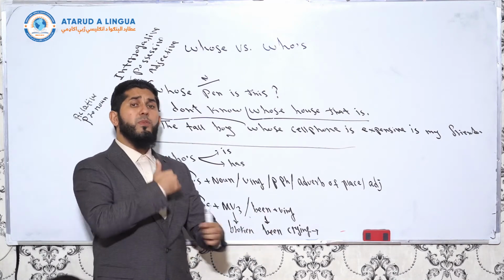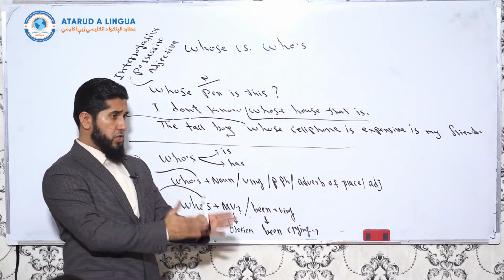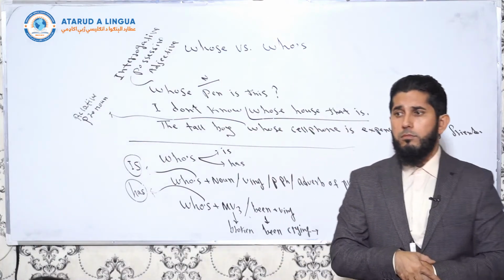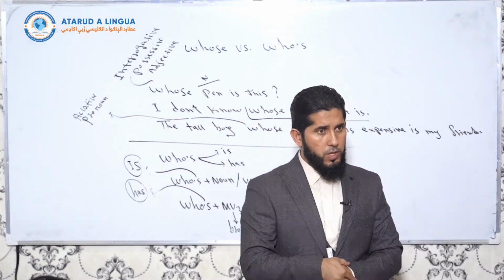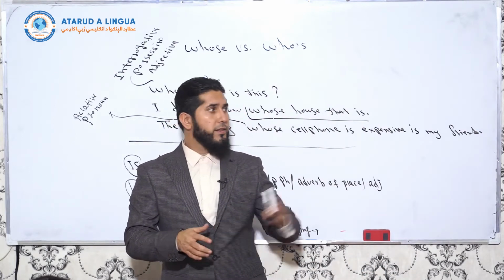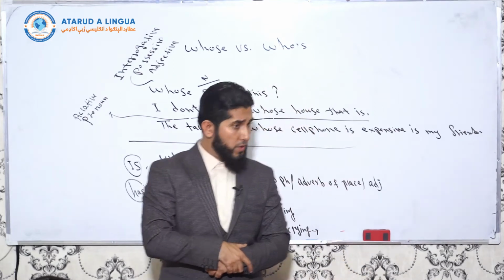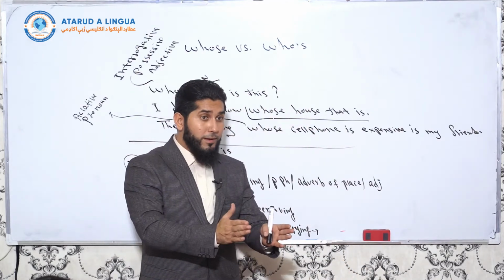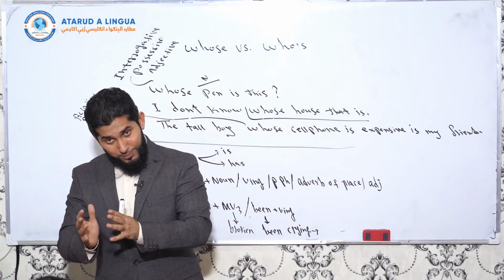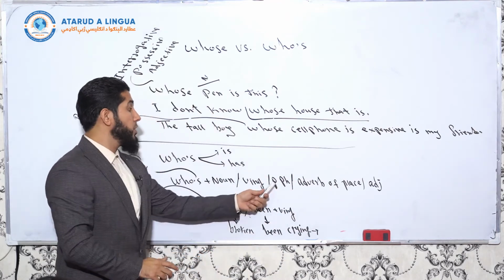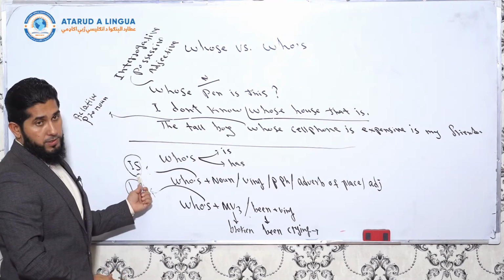If it's followed by a prepositional phrase, preposition plus location: who's in the classroom? Who's at the office? Who's on the second floor? In the classroom is a prepositional phrase. So again, this is the short form for is.